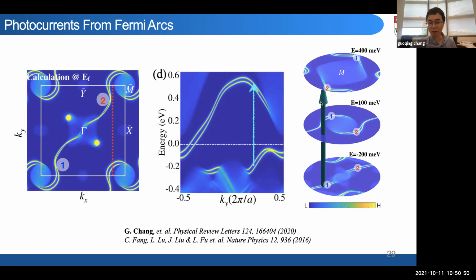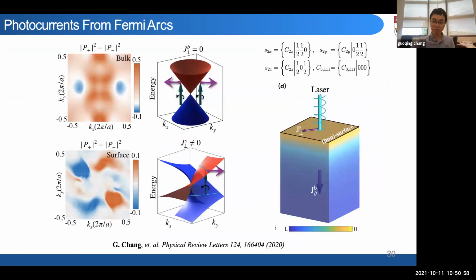Then we need to think about how we can measure the photocurrent from the Fermi arcs and distinguish it from the bulk. So we need to fully utilize the crystalline symmetry. This class of material has the screw rotation symmetry S2X, S2Y, and S2Z, which is a rotation plus a translation. And due to this rotation symmetry, it will fully cancel the in-plane photocurrent.